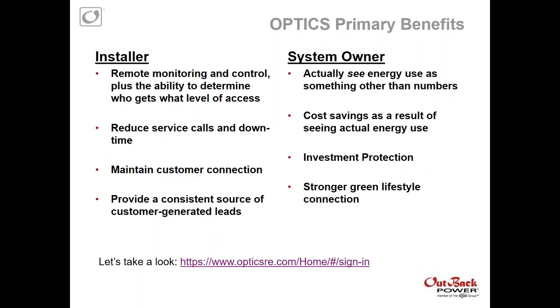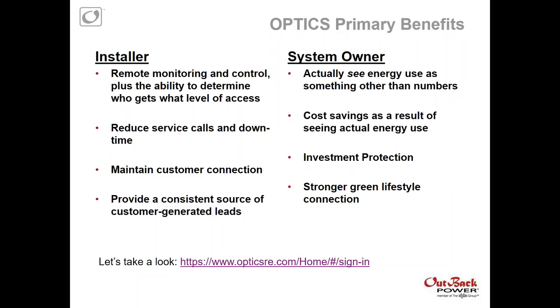Also, it gives our tech support a great access point to see what's going on with the system if there is a problem. And on that note as well, HES is also a great place to start, and I do know that they can help you with the minimal problems. So if you give them access to the Optics system as well, there's several layers of technical support that are available to you that in the past would just be someone on the phone trying to understand exactly what you were looking at.